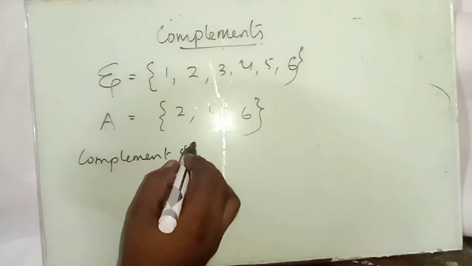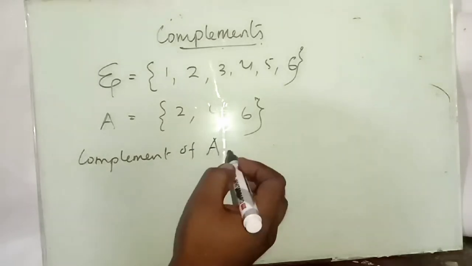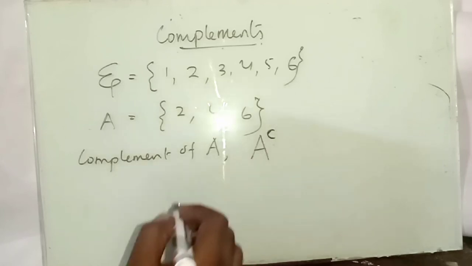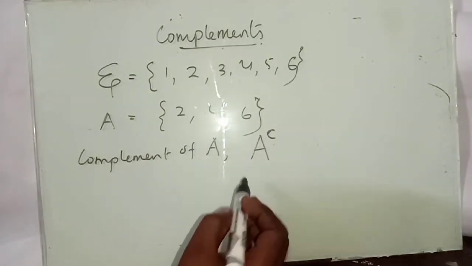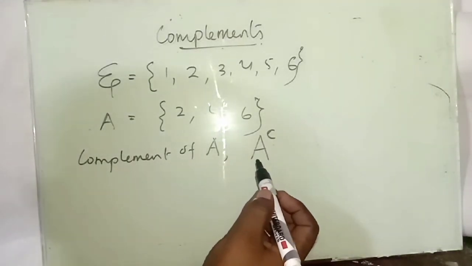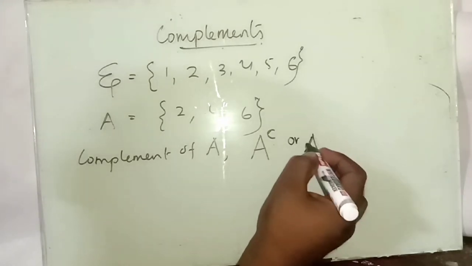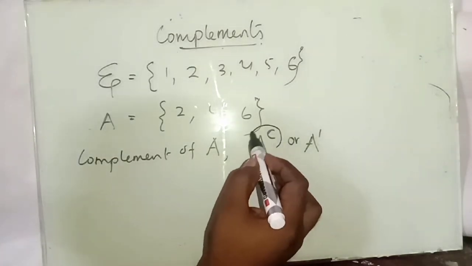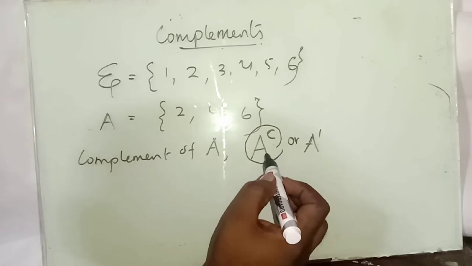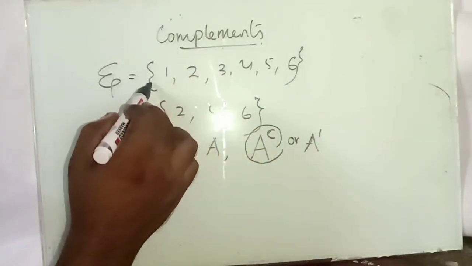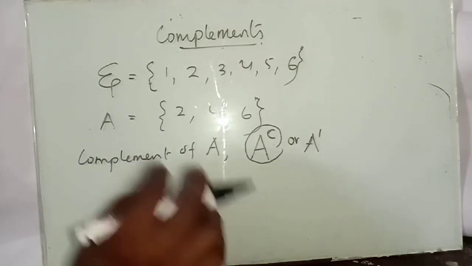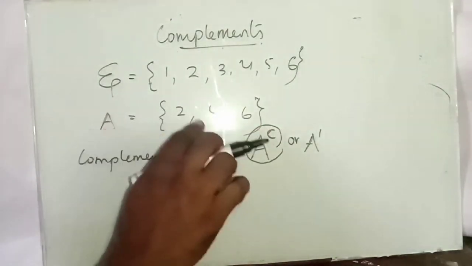The complement of A can be denoted by A complement, just A to the power C. You have to read this as A complement or A dash. It is the set of elements which are from the universal set but not from A. That means in a very simple way, delete all the elements of A from the universal set.